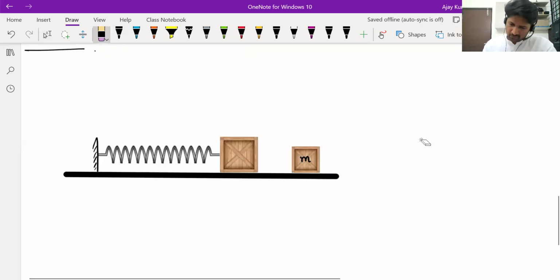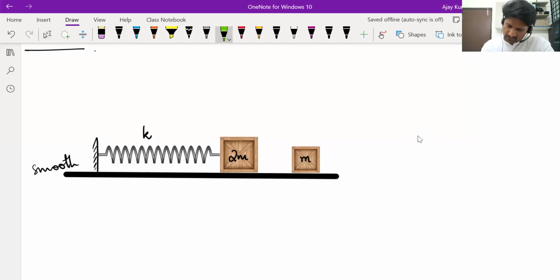Bigger one's mass, let it be 2m. Spring constant is k. Surface is smooth. Initially, the spring is at natural length. Assume the block of mass m is moving towards the block of mass 2m with an initial speed, say u. Somehow we gave it that velocity and it is moving towards the block.